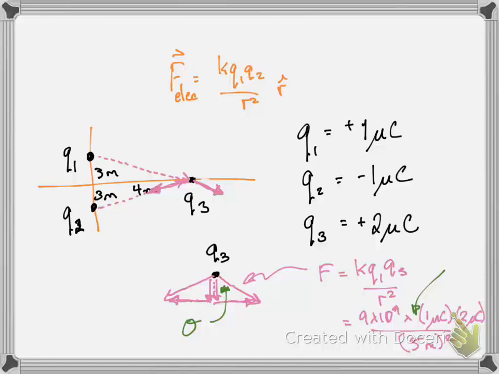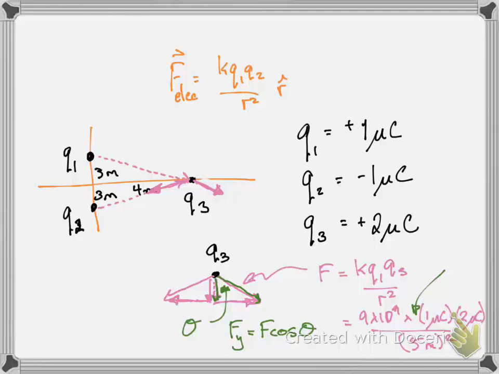I've chosen that angle so that the y component, the force pointing in the downward direction, has the relationship to the force vector of F cosine theta. So Fy is equal to F cosine theta. If you chose the other angle in that triangle, then yes, Fy would be F sine theta.